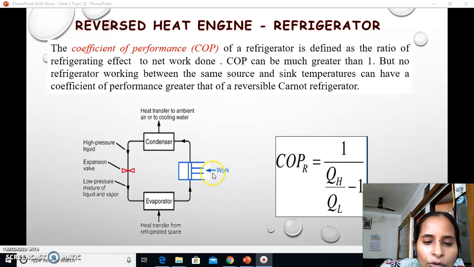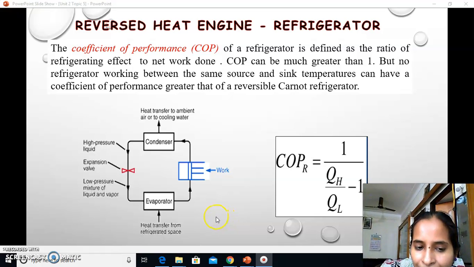Here the work, that is the power supply, is given to the compressor. By the aid of this external work supply only, the refrigerator is working, taking the heat from the lower place and continuously giving it to the higher temperature region, the atmosphere.